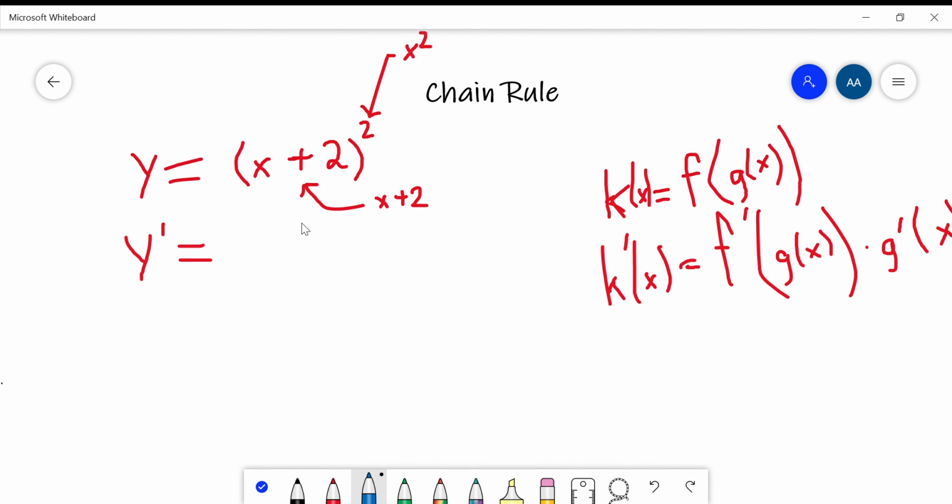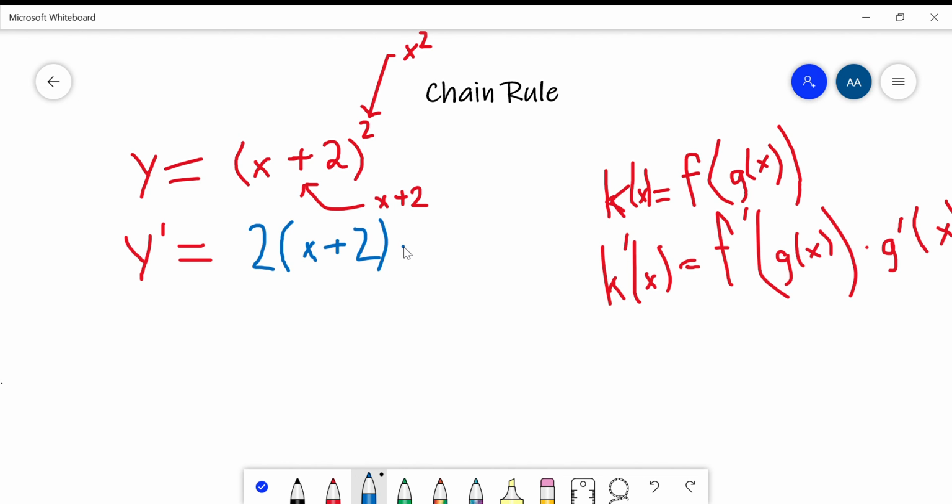You take the derivative of the outer function and you get 2x. You replace the x value with the inner function, which is x plus 2. And keep in mind, when doing the chain rule, it's usually helpful to put parentheses. So, 2 times the quantity x plus 2. That's what you'd have there.